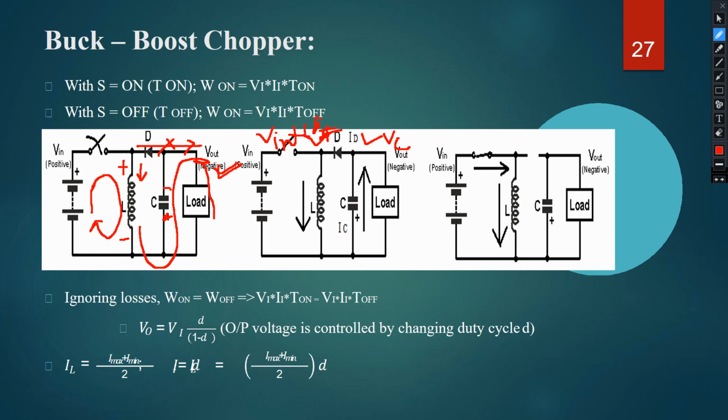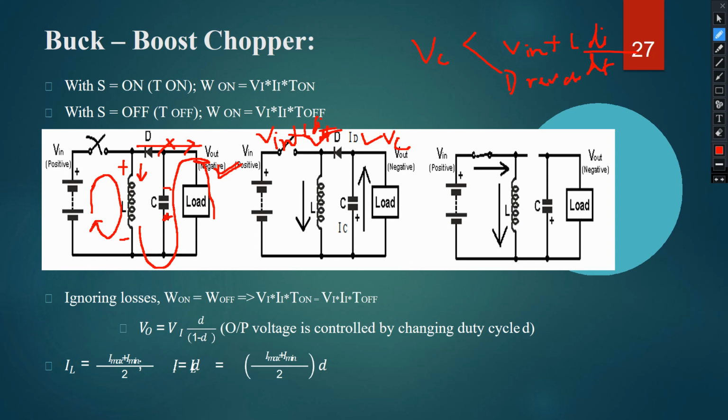So now, when Vc is less than V in plus L di/dt, this diode D is reverse biased. Why?